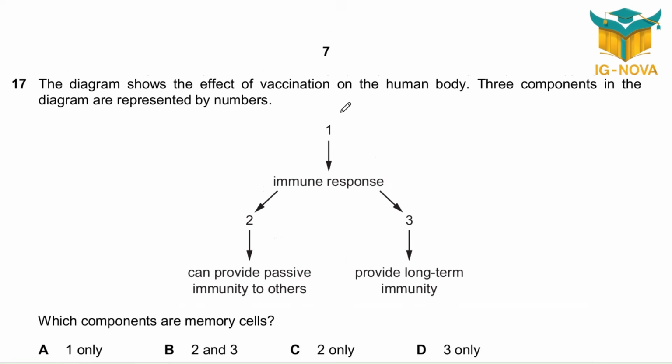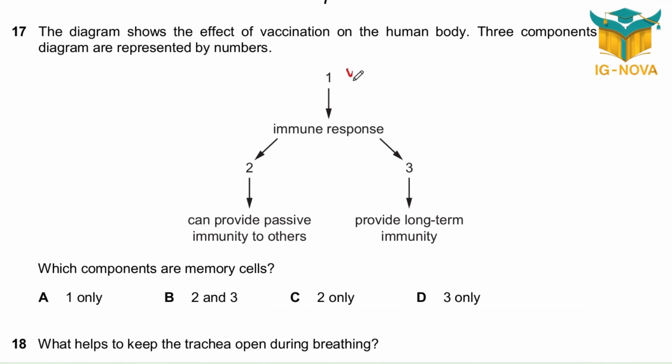Question number 17. After vaccination, so one is vaccine, immune response steps by which body can make memory cells and lymphocytes can produce antibodies. Antibodies have four functions in IGCSE.